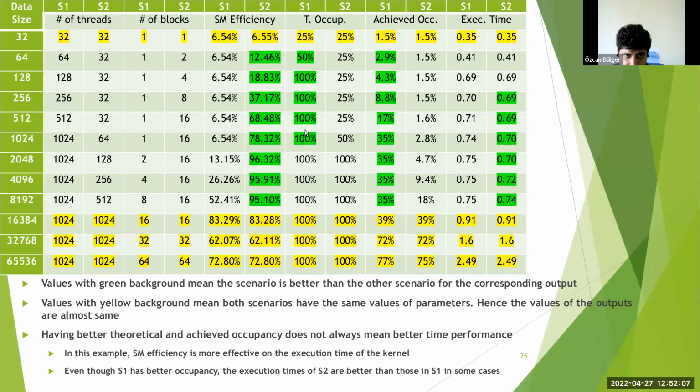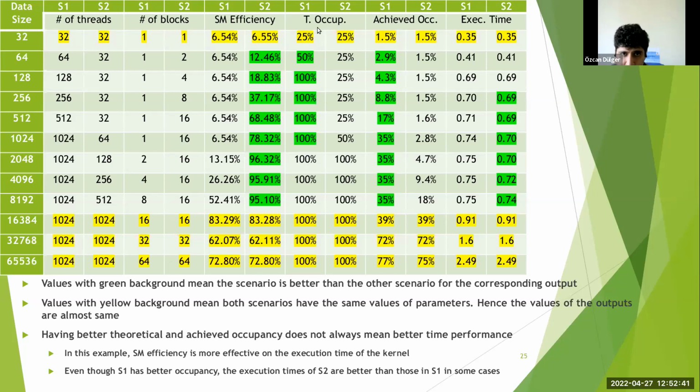Although the theoretical occupancy of S1 is 100% and S2 is 50%, the SM efficiency of S2 is better than S1. For the yellow ones, as you see, the number of blocks are the same, so the SM efficiency results are the same because the parameters are the same.